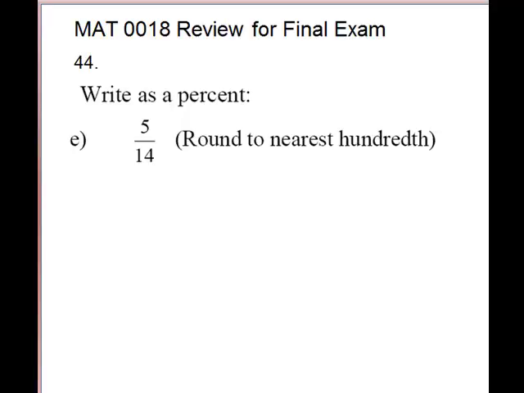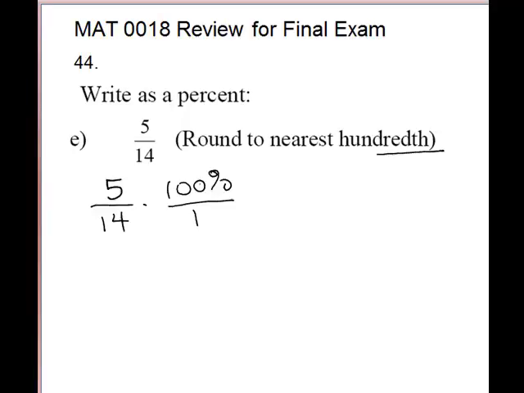Here's another fraction we're going to change to percent, and it says round to the nearest hundredth. So this one is not going to turn out nice. We'll go ahead and set up to multiply by 100%. Make it look like a fraction. We can cancel a little bit on the diagonal.